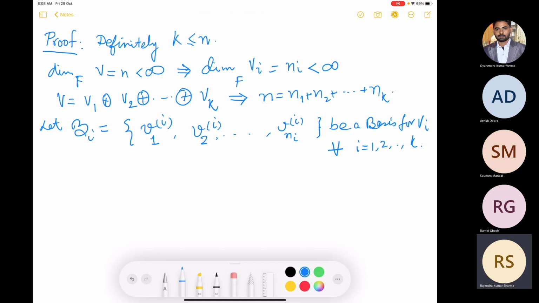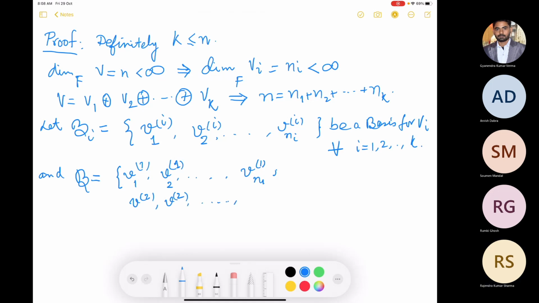Now think of this B, which consists of all these elements in the same order as well. So you have the first basis here, with elements 1, 2, up to n1, and then you have more here for the second, with n2 elements.